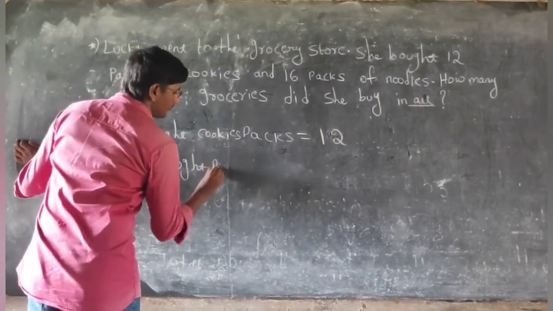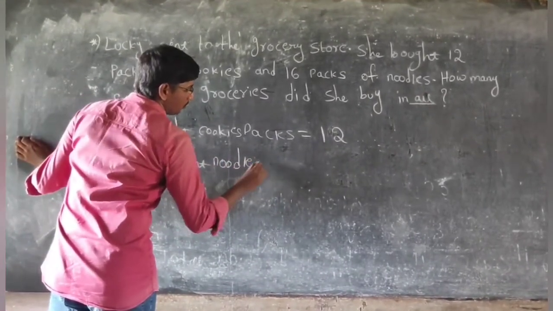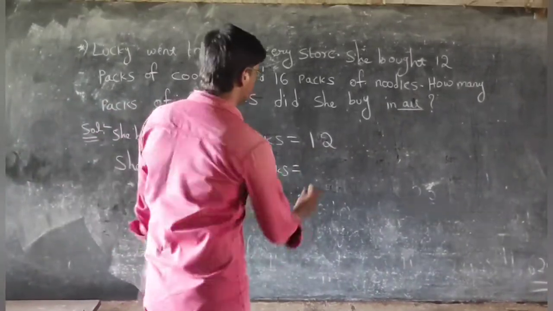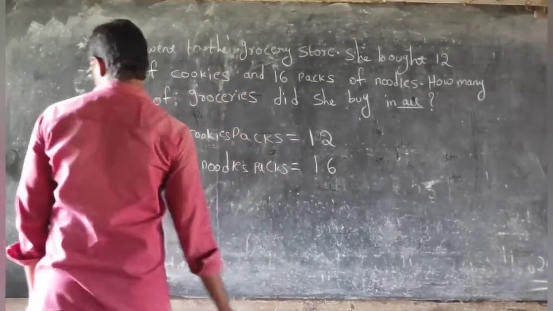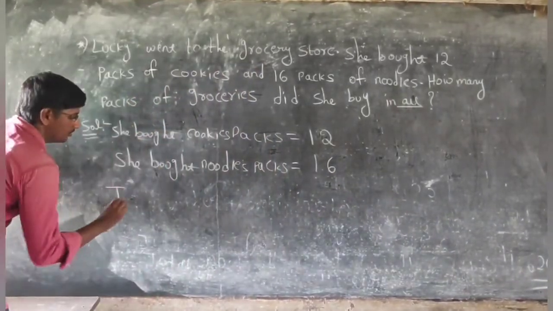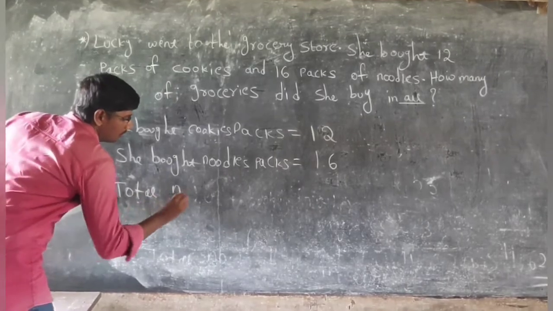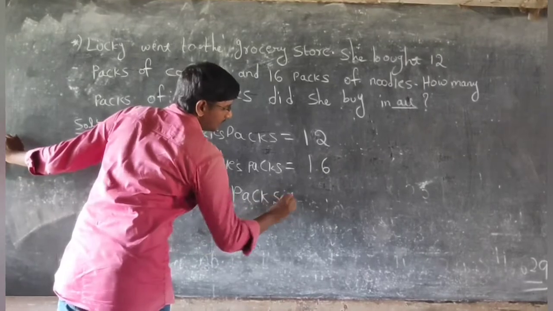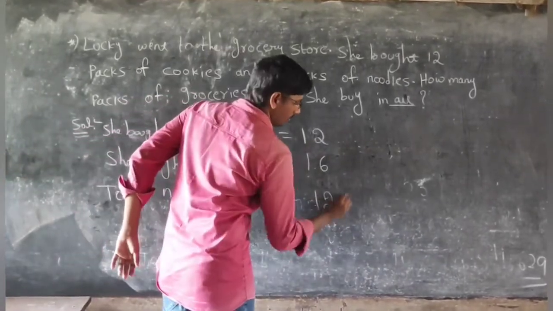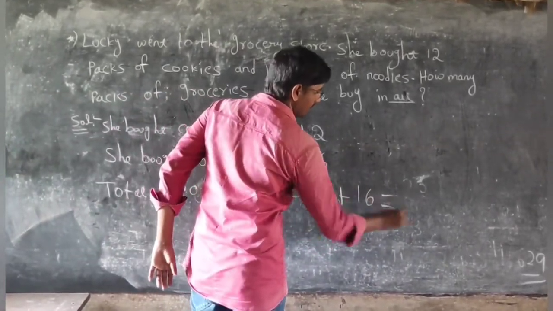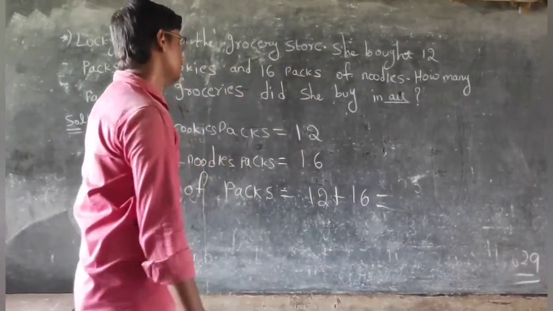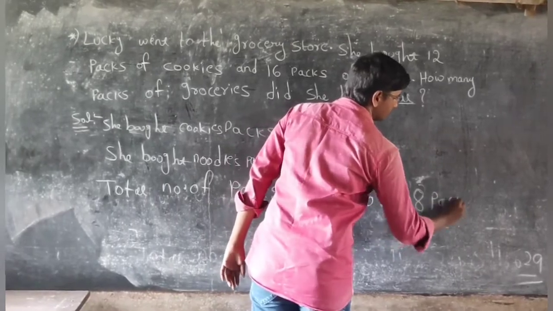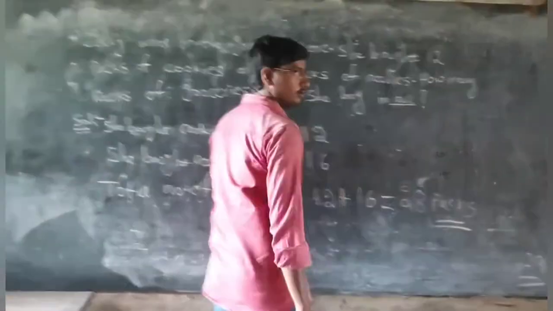She bought noodle packs, that is equal to 16. Okay, total number of packs is equal to 12 plus 16. So students, 12 plus 16 is 28 packs. Okay, pause this.